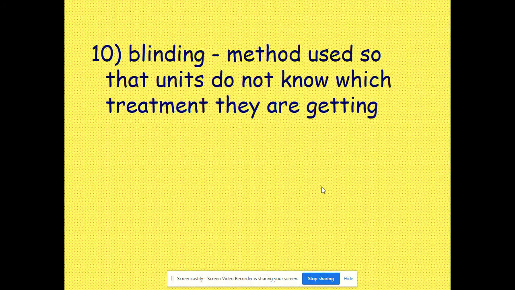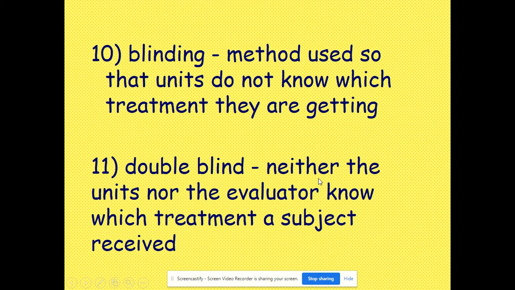All they do is the research, run the numbers, and give it back to you, and they never know which one was better. They'd say the one you called A is better for all these reasons, but they would never know which was which. So double blinding means the evaluator and the subject didn't know which one they were getting.